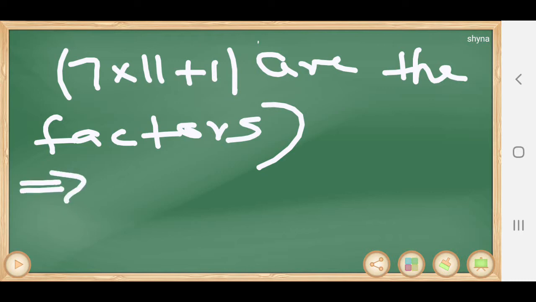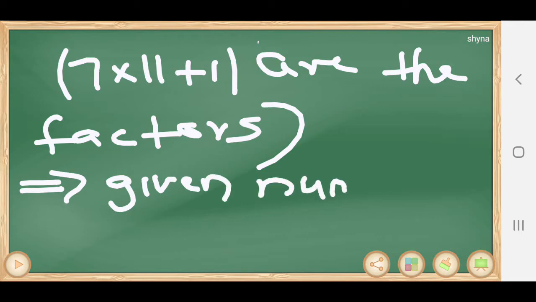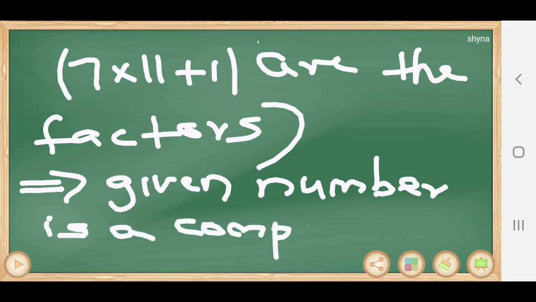Then close the bracket. Implies given number is a composite number.